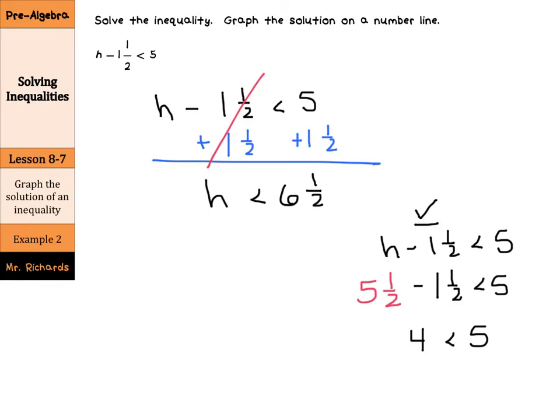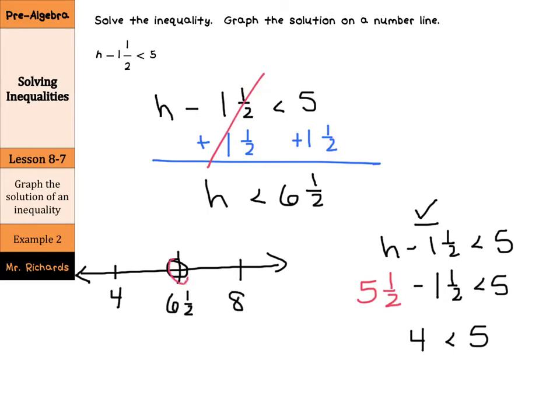Now our directions actually said graph the solution on a number line, so you did not need to check this, but it doesn't hurt. Too much, at least. So if you put an open circle at our point 6.5, and then pick a number smaller, we can go 4, and pick a number bigger, we can go 8.